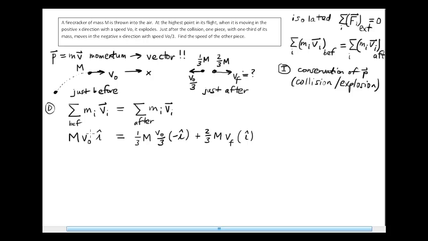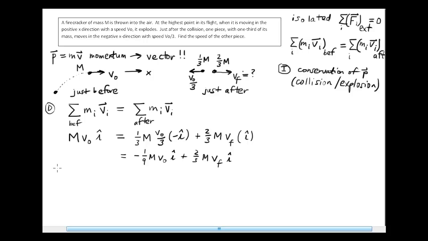So let's take a look at what we have here. We've got m v0 i hat, and then we've got this negative 1/9 m v0 i hat, plus again 2/3 m v final i hat. Let's take this negative term and add it to both sides. We're going to add 1/9 m v0 i hat to both sides.